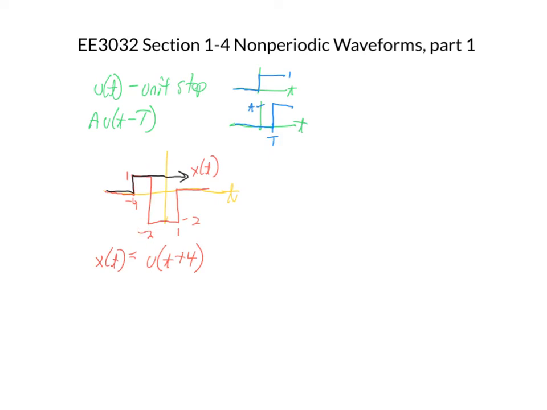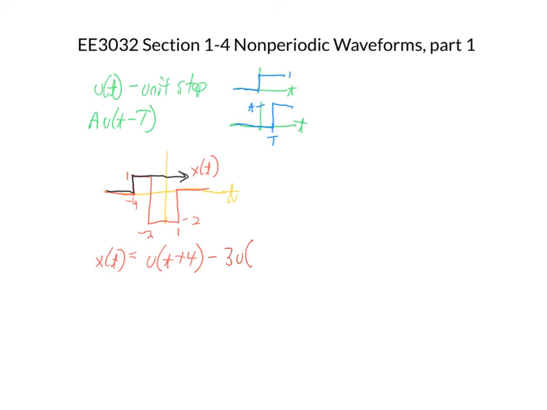So we're going to subtract 3 times a unit step. When you do a unit step, you have a sudden jump in voltage. So that's going to give us a sudden jump of -3 volts, so we can get from +1 to -2.